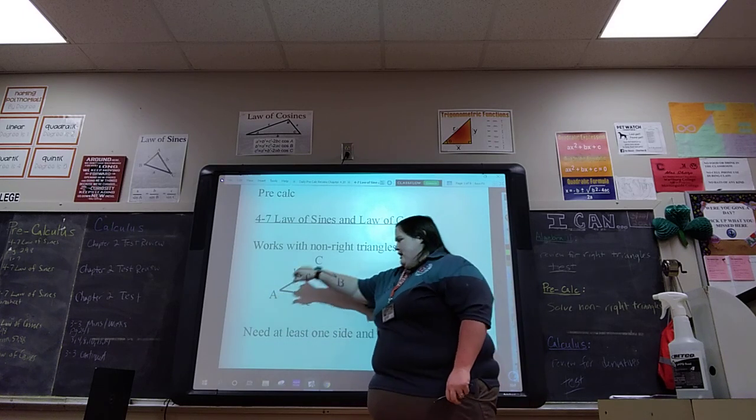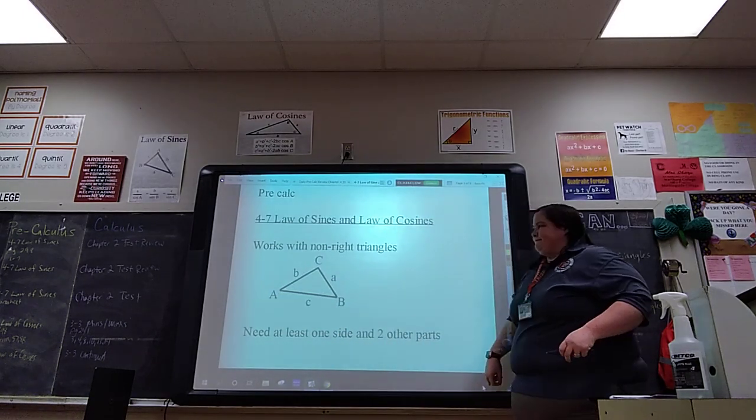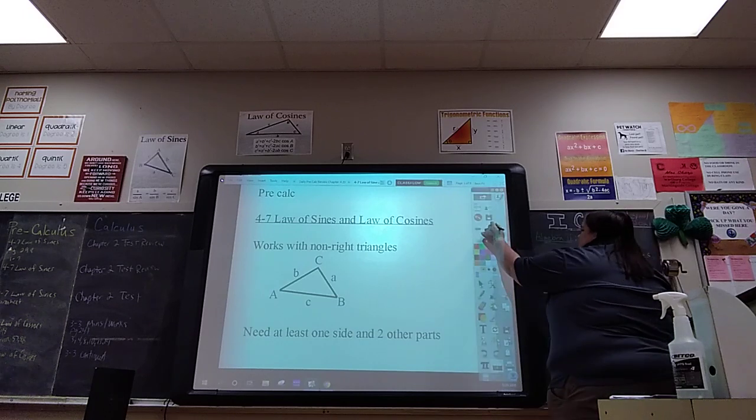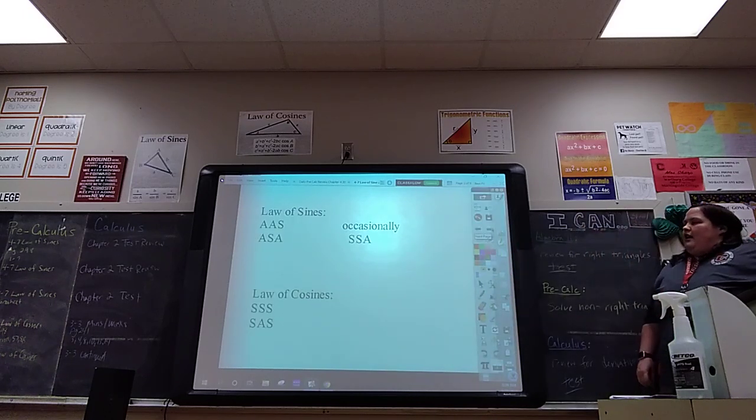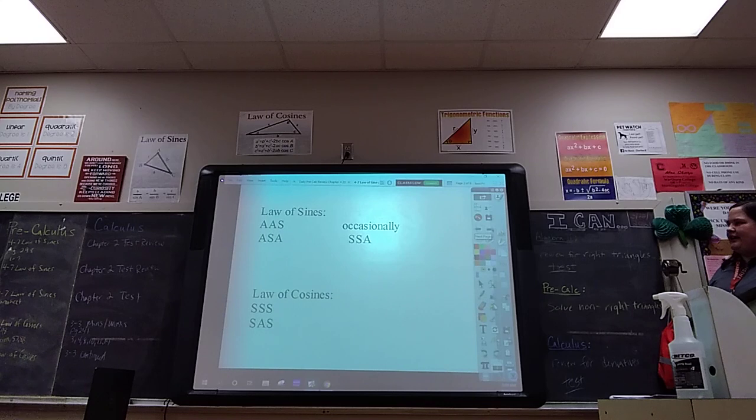So this is angle A, and across from it is side A. This is typically the situation where we can use law of sines and cosines.